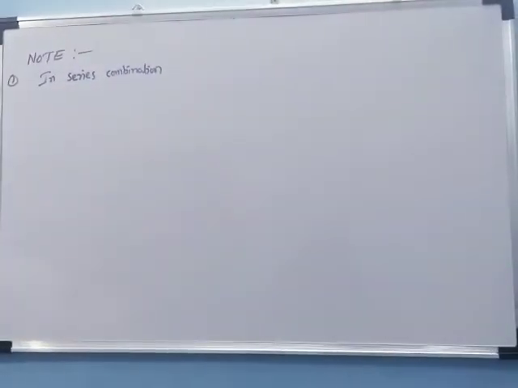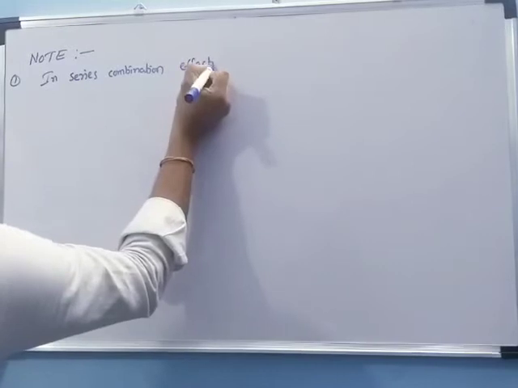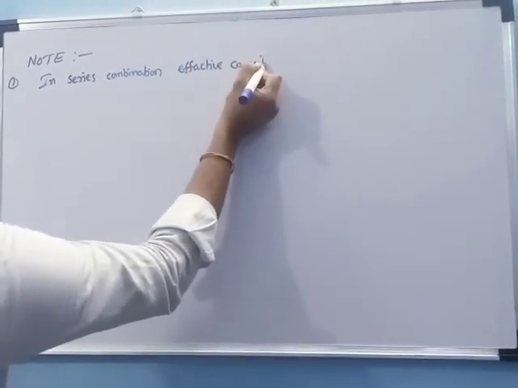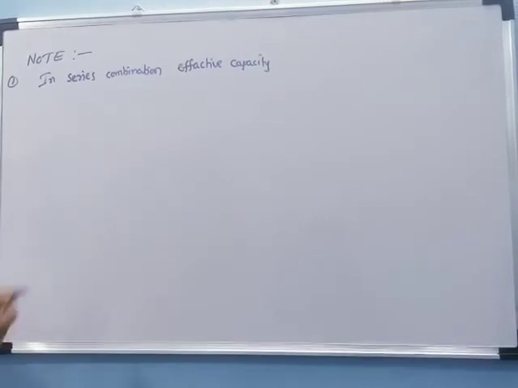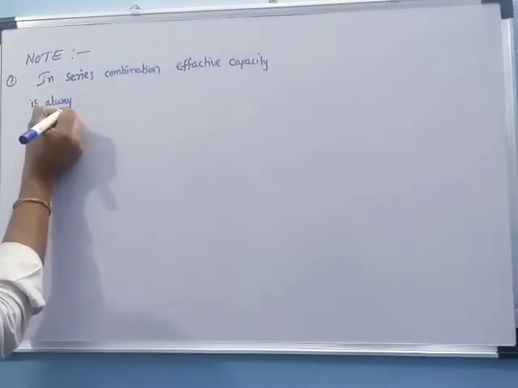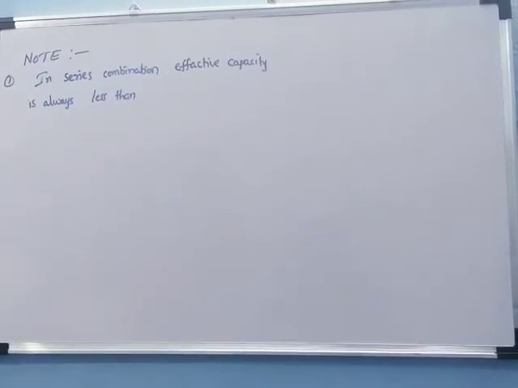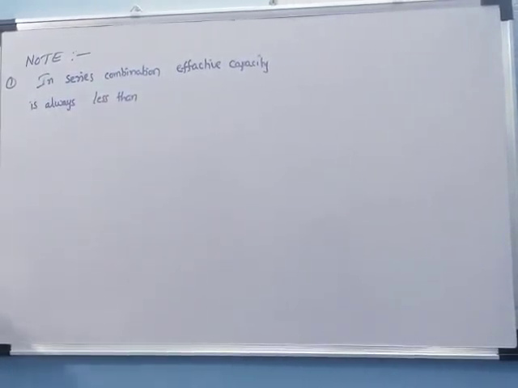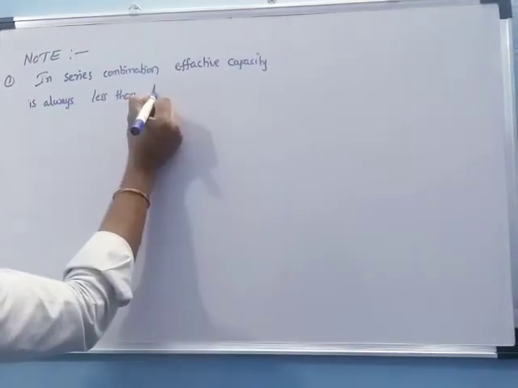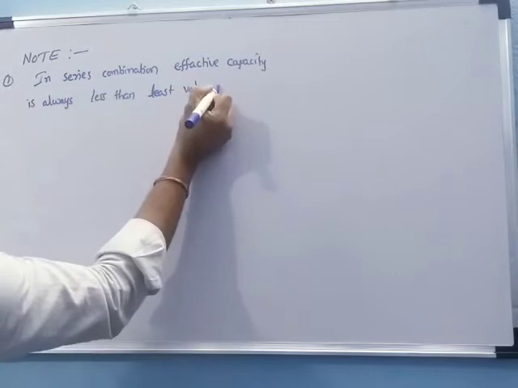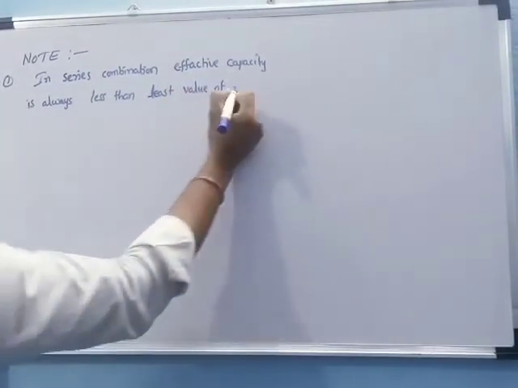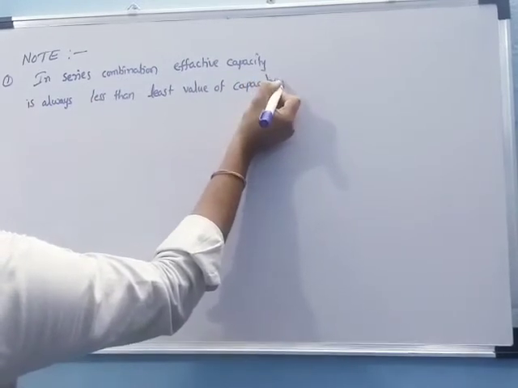Now the first one: in series combination, the effective capacity is always less than the least value of the capacitors.